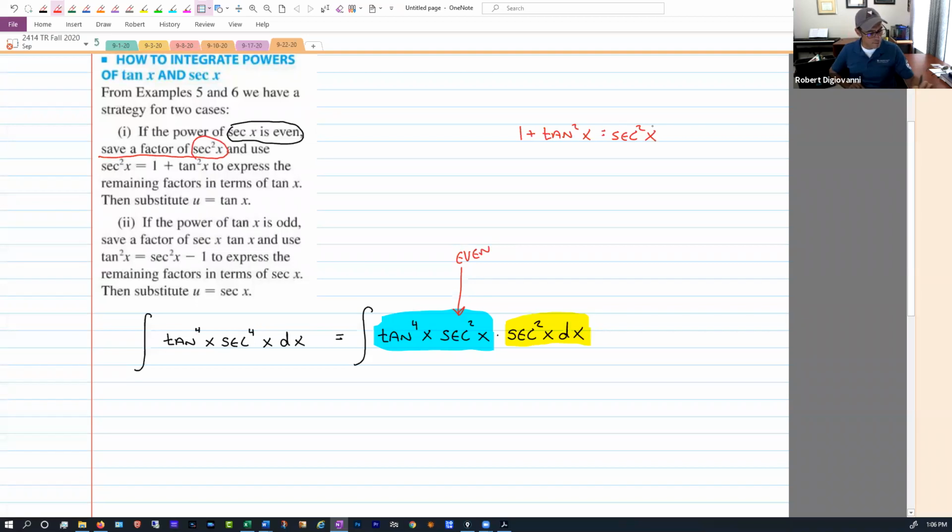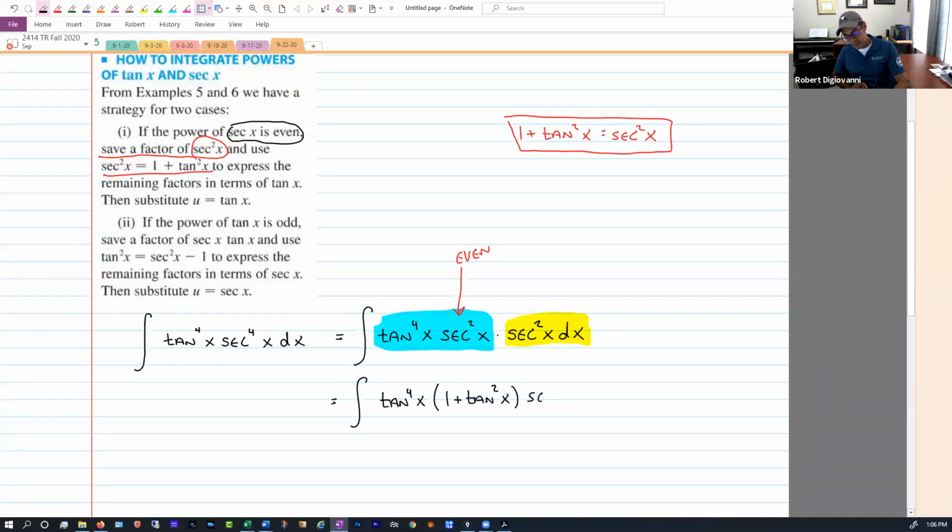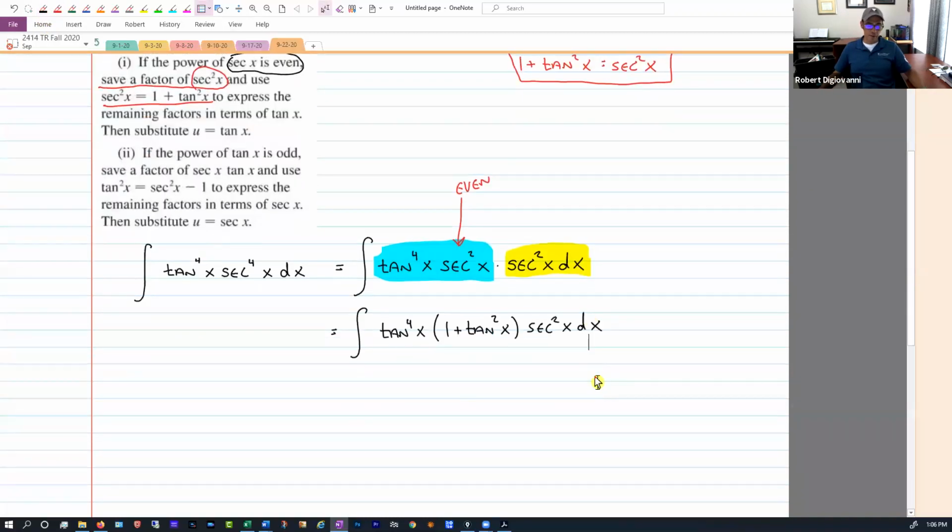That's written right here also in the notes, but that's the one I'm going to use. So I'm going to replace that secant squared with that. So I go ahead and replace it. I still have the tangent to the fourth x, and now in parentheses 1 plus tangent squared x, and I keep this secant squared as secant squared because, again, that's the derivative of tangent, so I want to have it there. And now I can just do a basic U substitution.